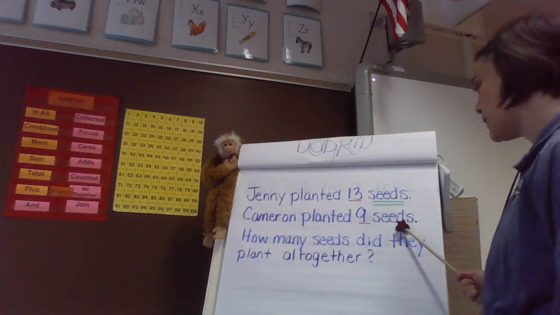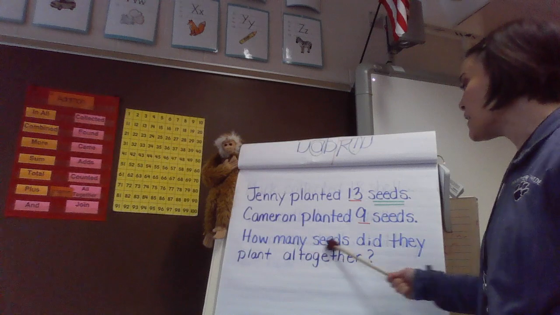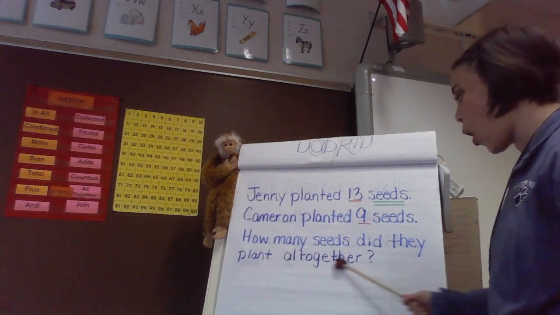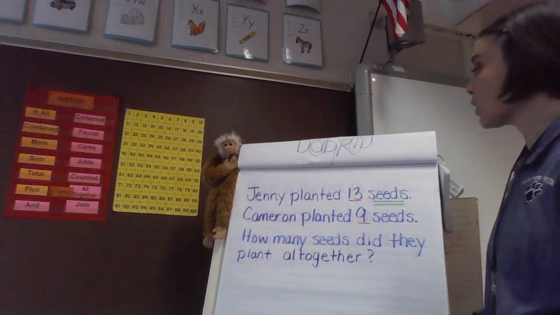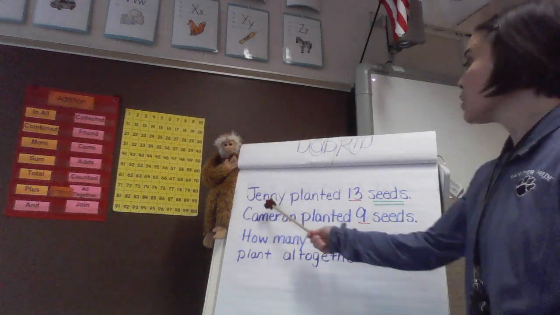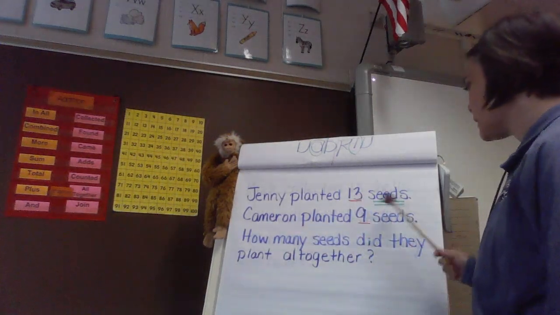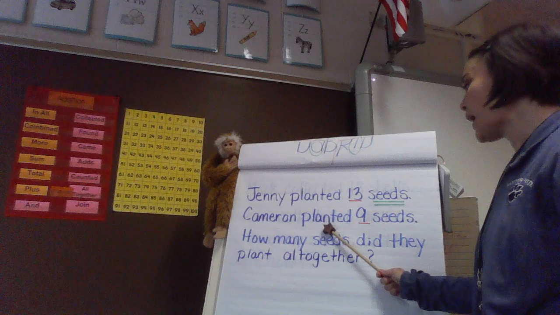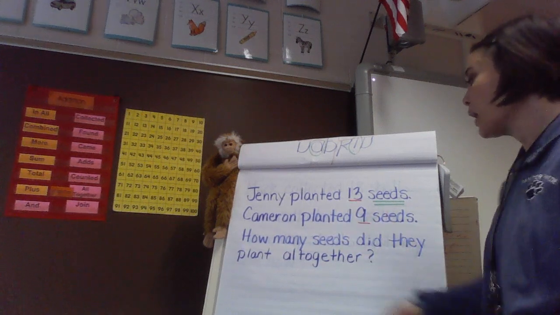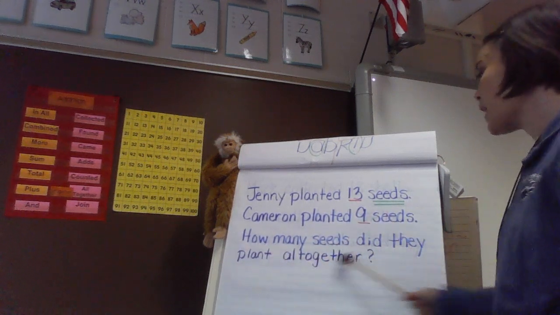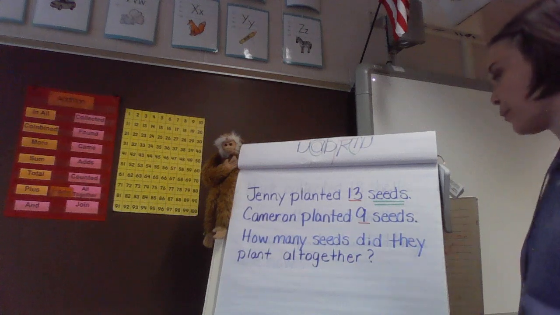Cameron planted 9 seeds. How many seeds did they plant all together? So let me read it one more time. Jenny planted 13 seeds. Cameron planted 9 seeds. How many seeds did they plant all together?